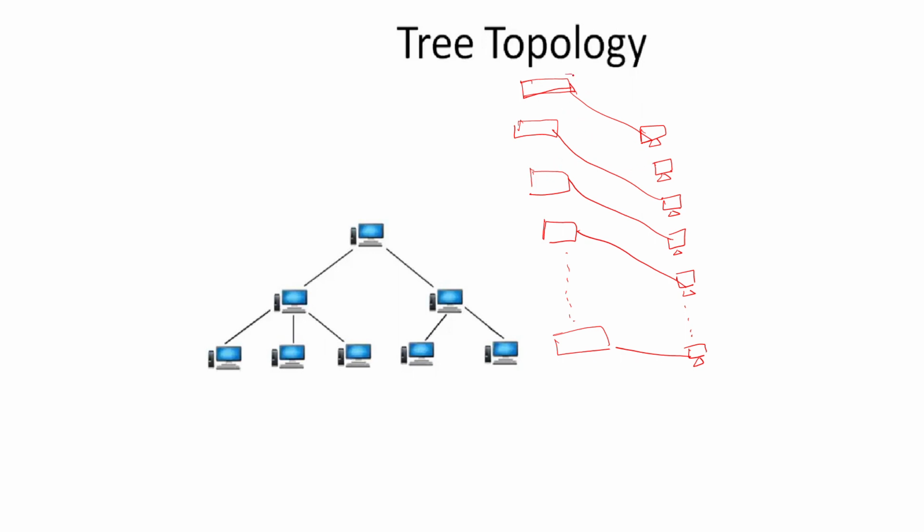Suppose in this room we connect 1,000 devices, so 1,000 cables would be there. If something happens in this device or in this network, this device is not communicating to others.